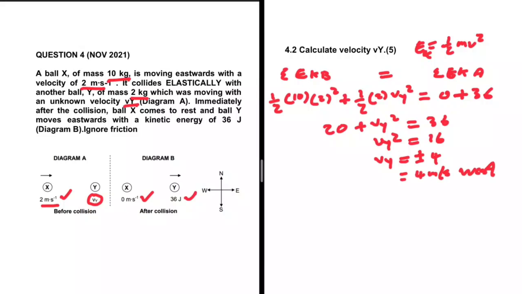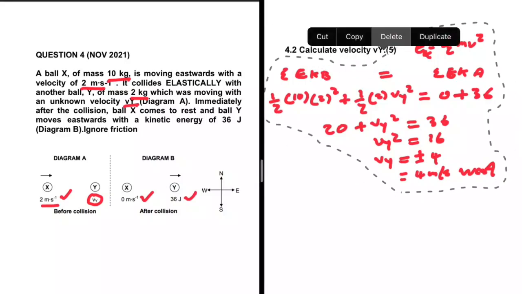This is if we use the fact that the kinetic energy is conserved. We're going to have an answer of 4 meters per second to the west. So now let's go ahead and use the fact that momentum is conserved and see what answer we're going to get. So let me get rid of all of this.